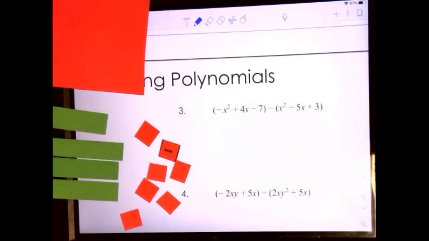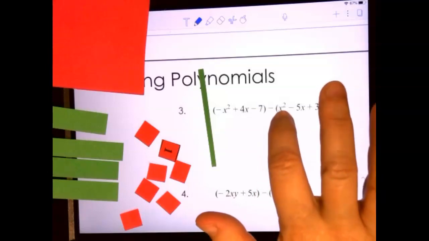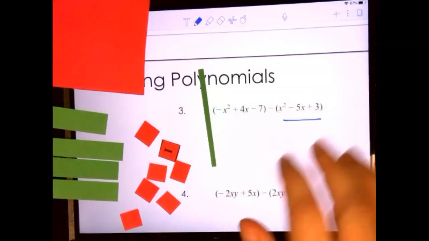Oh, I better do something before I get my algebra tiles out. Well, no, I don't have to. Let's do this. Let's say we have a barrier. This is my parentheses in between them. Okay? We have a parentheses in between them. And I'm just going to do what's inside the parentheses here first.